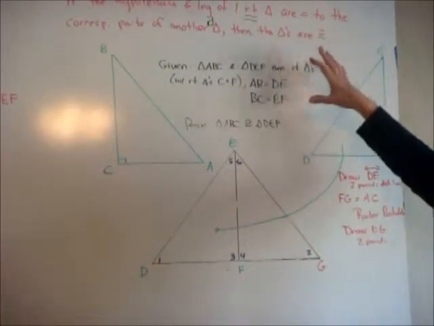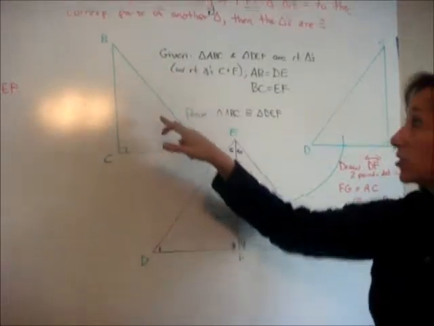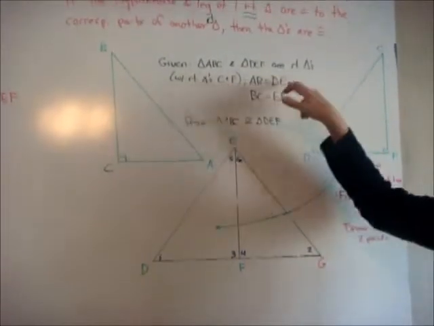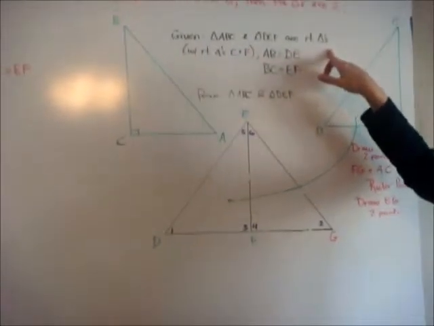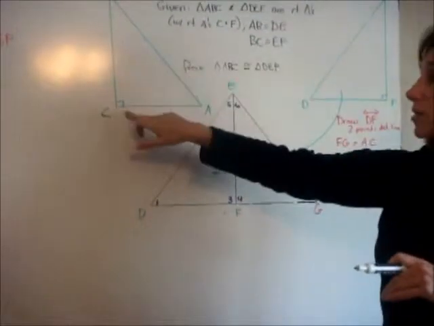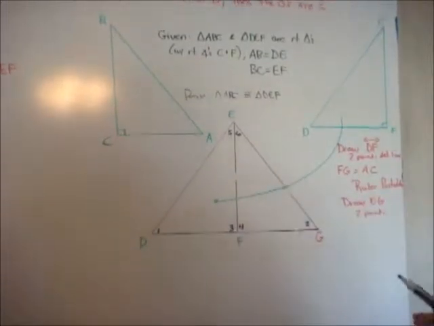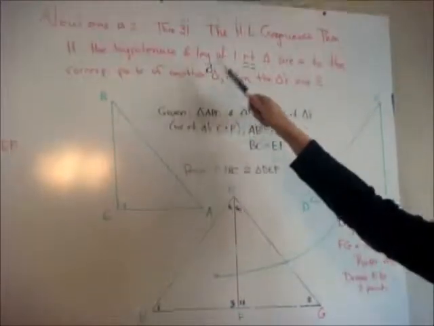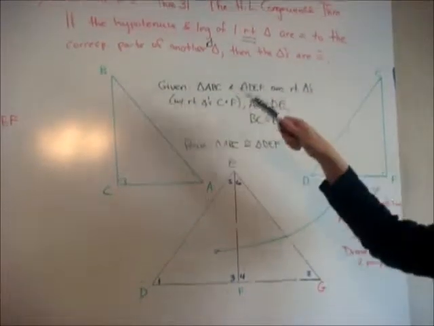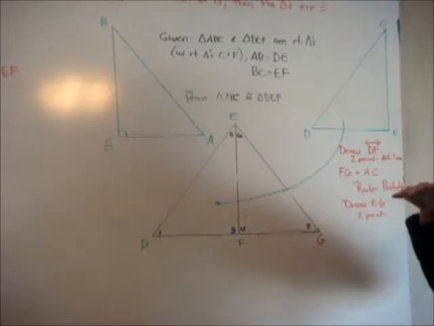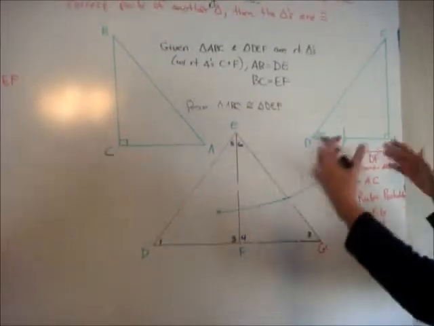So we're given triangle ABC is a right triangle, and triangle DEF, also a right triangle, with the right angles at angle C and angle F. And the theorem says if a hypotenuse and leg of one triangle are equal to the corresponding parts of another right triangle, then the triangles are congruent. So we're going to make the hypotenuse and leg equal in each triangle.